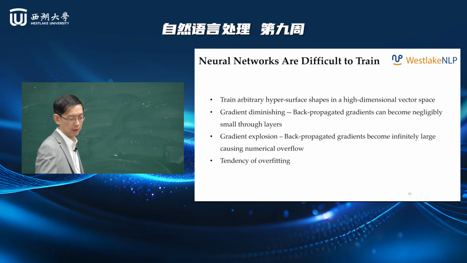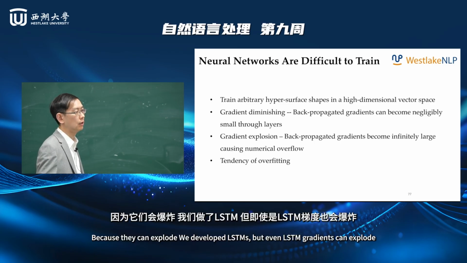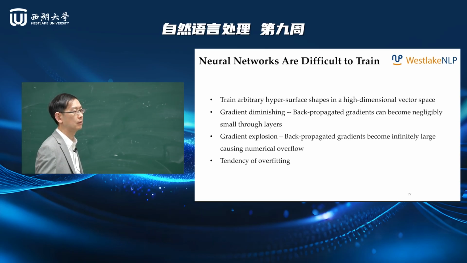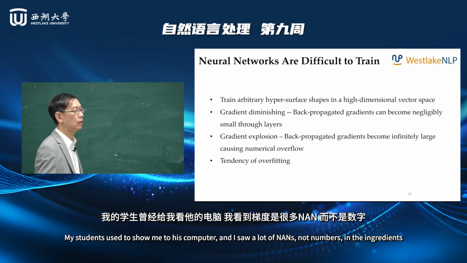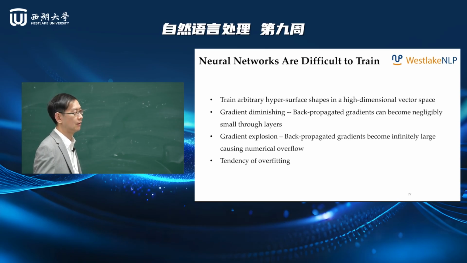Because they can explode, we developed LSTMs. But even LSTM gradients can explode. I tell you, my student used to show me his computer, and I saw a lot of NaNs, not a number, in the gradients. So I say the gradient exploded. How can you fix that?